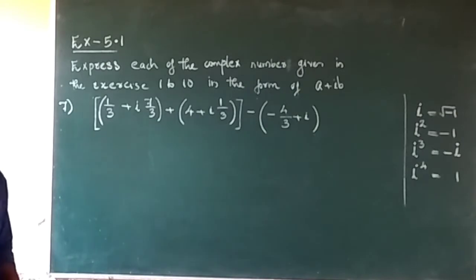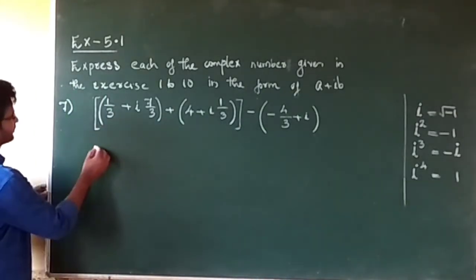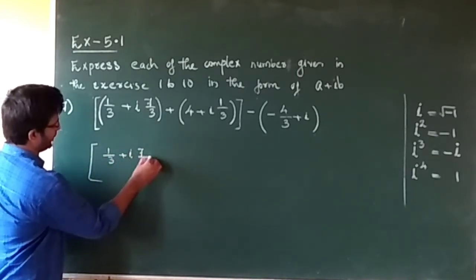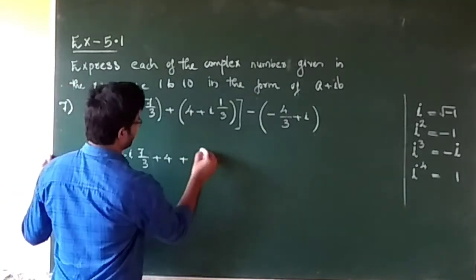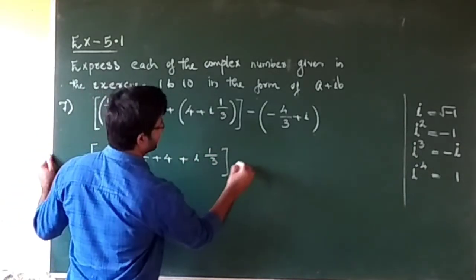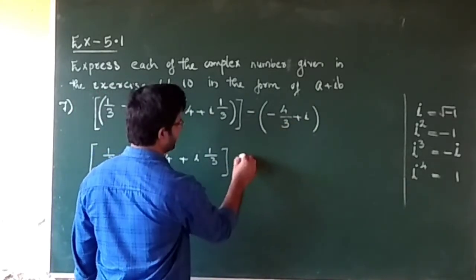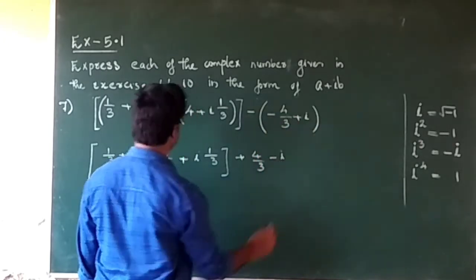Now we can see question number 7. Just remove the bracket. 1 by 3 plus i, 7 by 3 plus 4, i 1 by 3, using the minus. Here also you can remove the bracket: minus minus plus 4 by 3, then minus into plus, minus i.